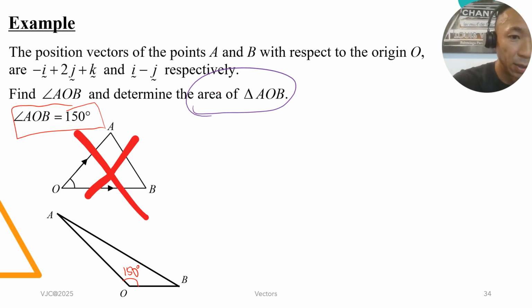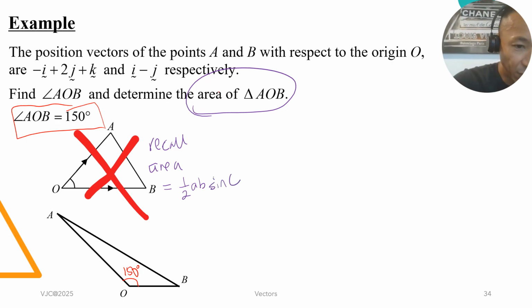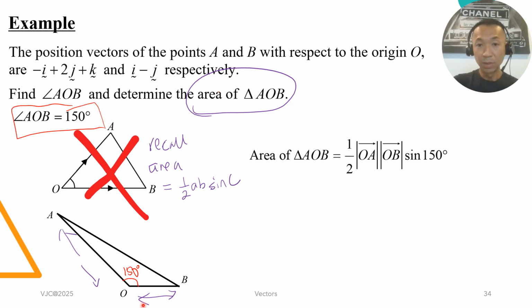You recall area is half AB sine C. This is the magnitude of A, this is the magnitude of B, and you use sine 150 degrees. So whether you draw your diagram like this or like this, it wouldn't make a difference. I will still proceed as per normal.